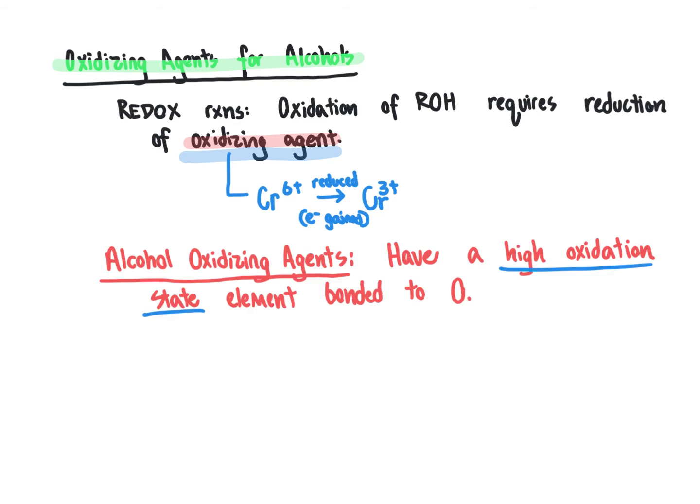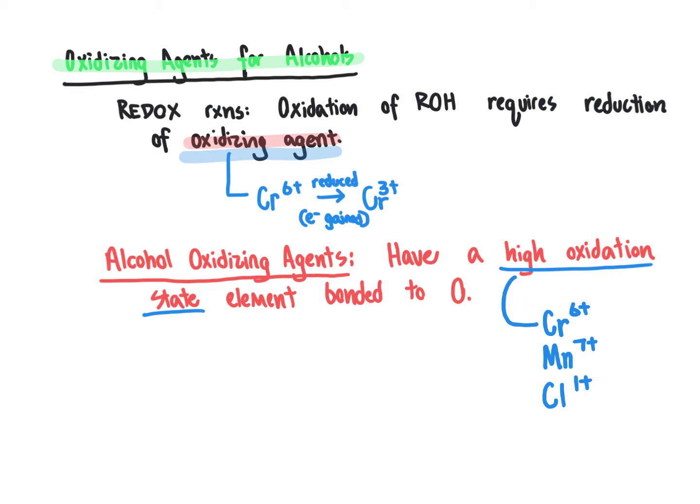So some examples of oxidation states that we will encounter include the chromium-6 that we saw up top, so I'll just put Cr6+, manganese, Mn in the 7+ oxidation state, and even chlorine in the 1+ oxidation state, which represents a high oxidation state for that particular element.